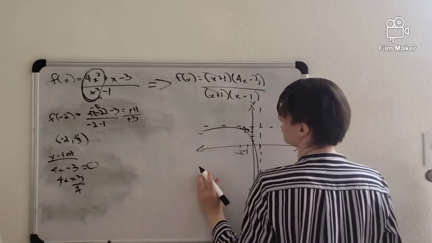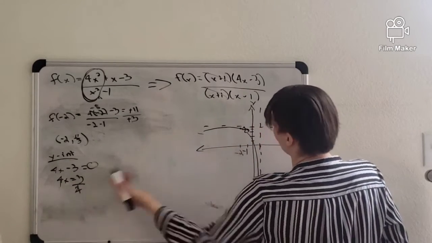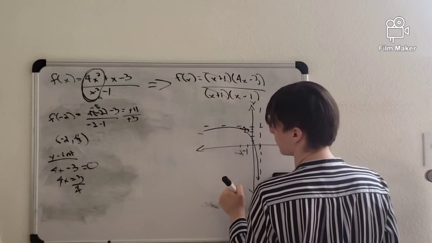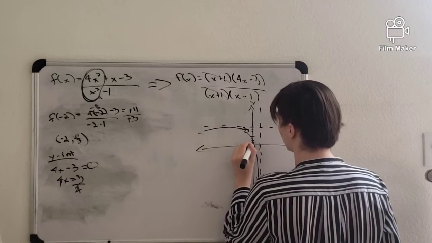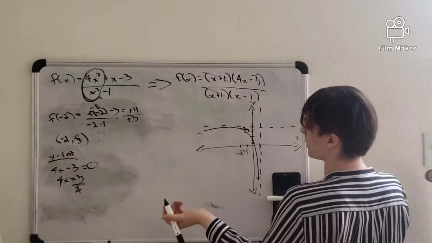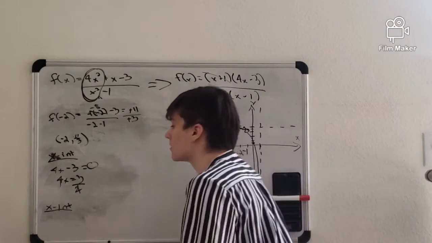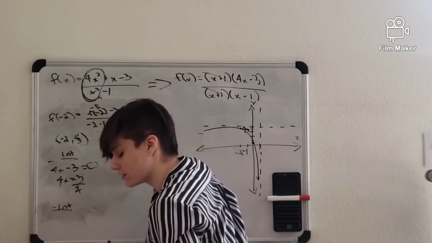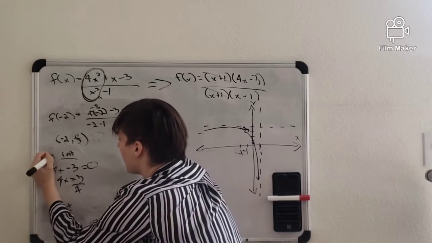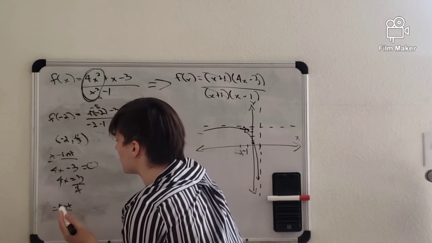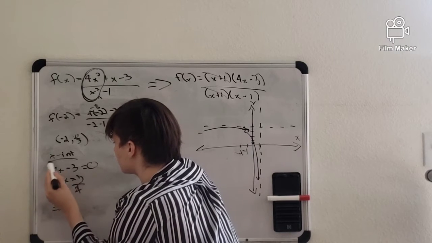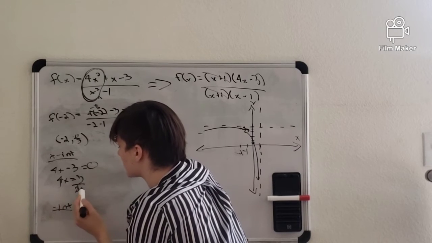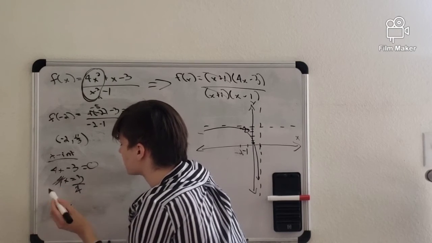So it's going to intercept on 3/4, which is about right here. So I made a small mistake just with my words. So when we're finding our x-intercept, it's when you're making y equal to 0. So when y equals 0, x equals 3/4.